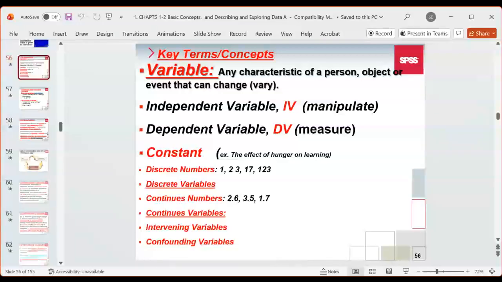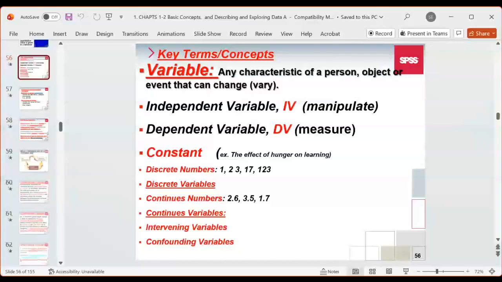Well, again, if somebody comes to you and says, hey, I didn't do well because I ate too much, or the opposite, because I was very hungry. Or something else, in this case, let's say temperature, for example. If they say it was too hot or too cold, we don't have that variable. We have the IV and DV.